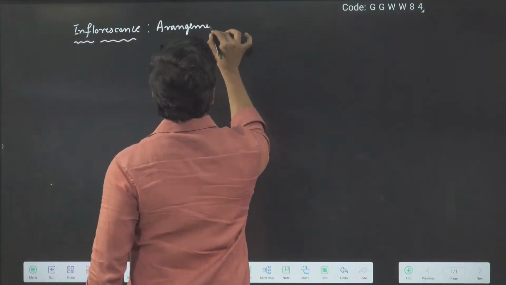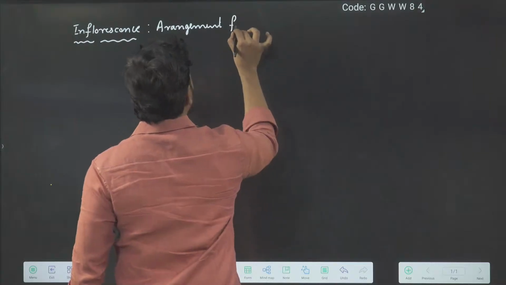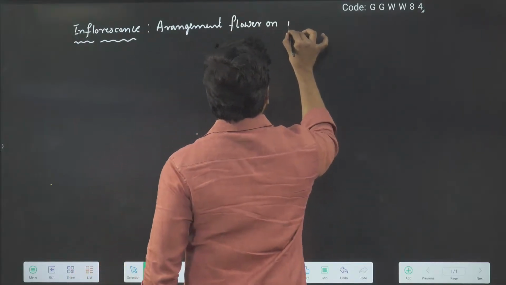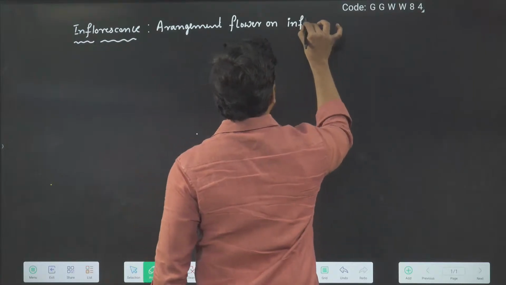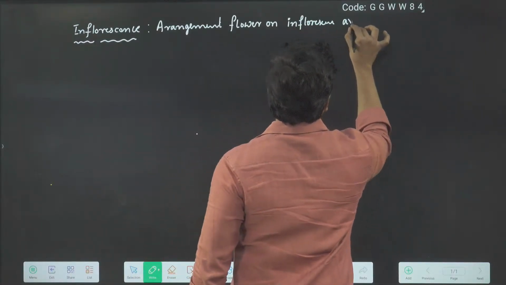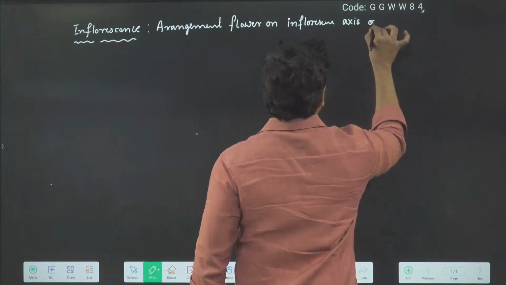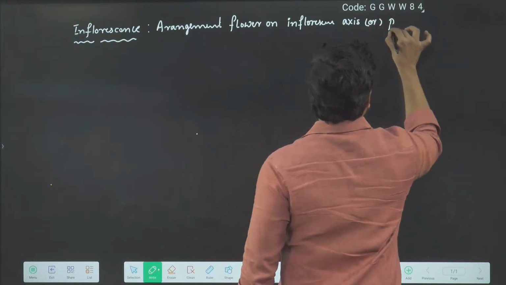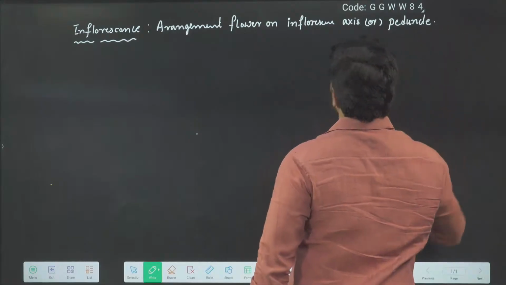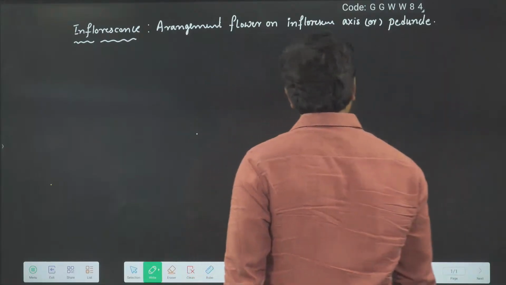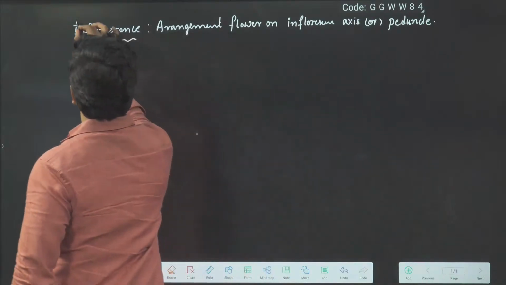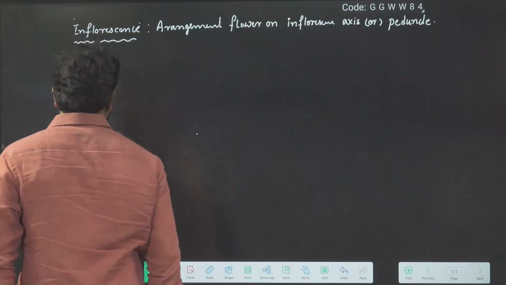Arrangement of flowers on the inflorescence axis, which has a special name called peduncle. Arrangement of flowers on the inflorescence axis or peduncle. This phenomenon is called inflorescence.